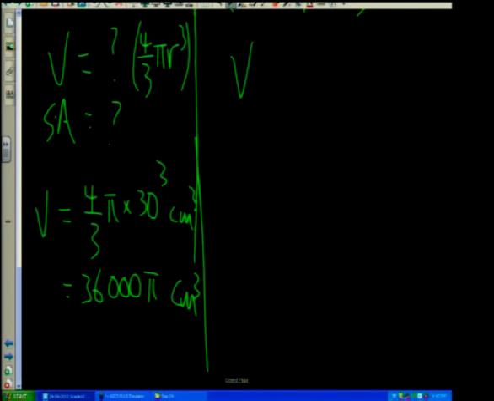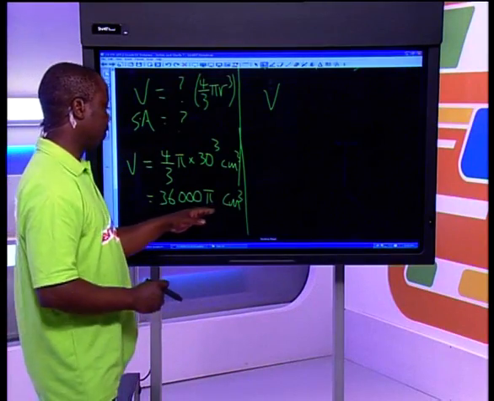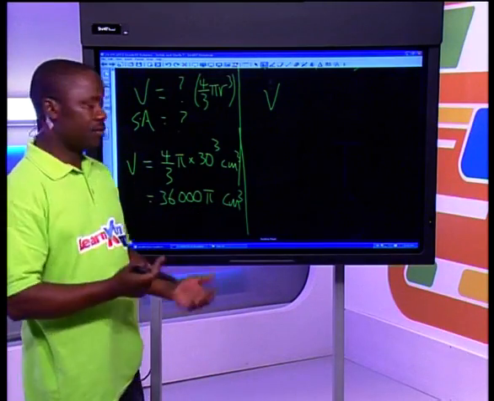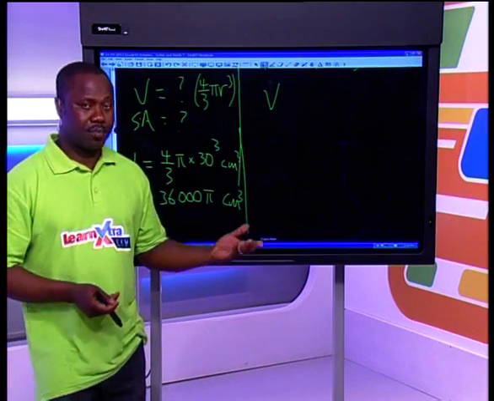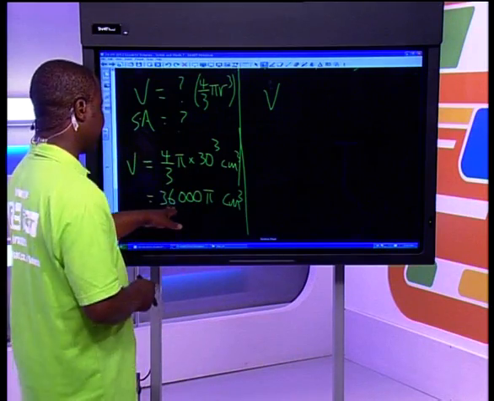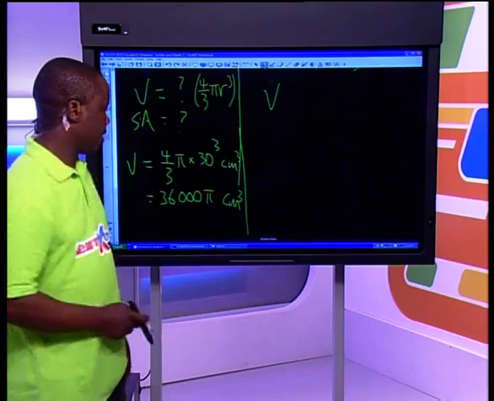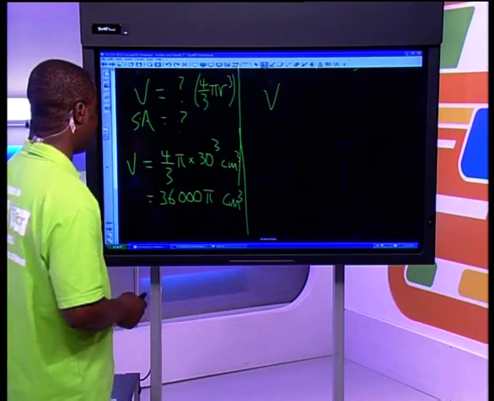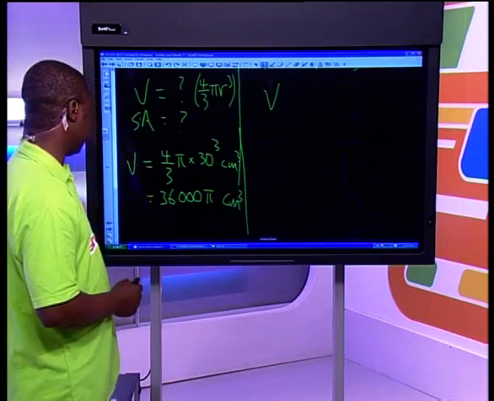So that is the volume, but of course, if you don't want to put pi there, pi is basically 3.141. So you multiply this by that and get a rough idea of what the volume will look like. All right.